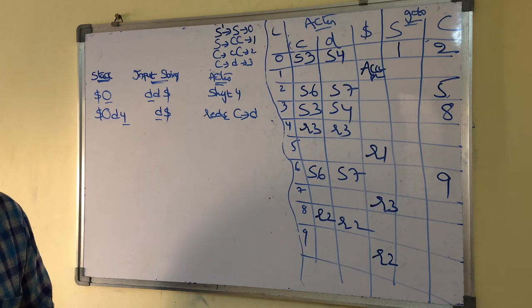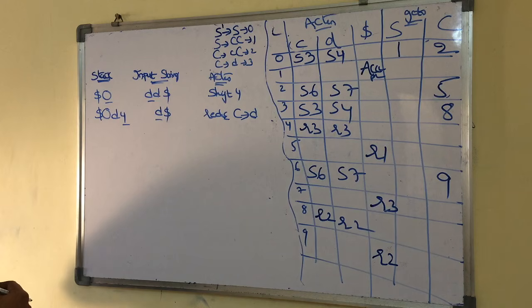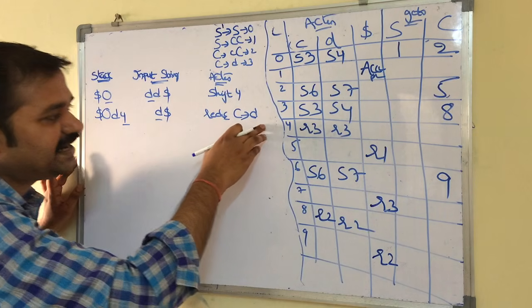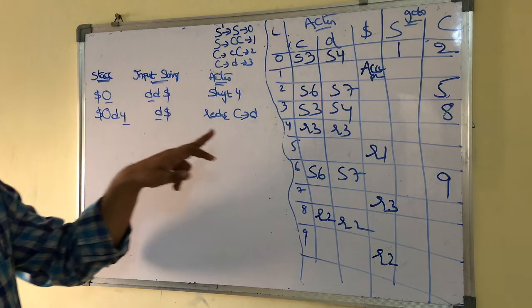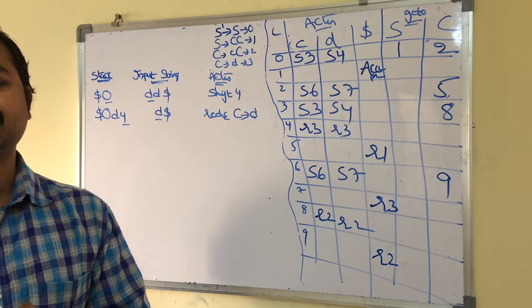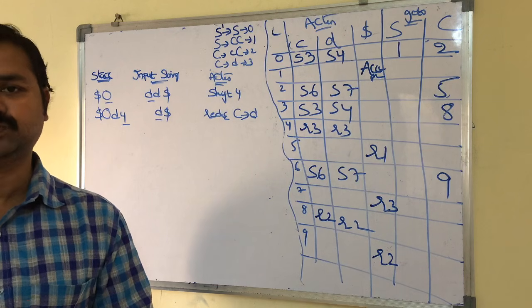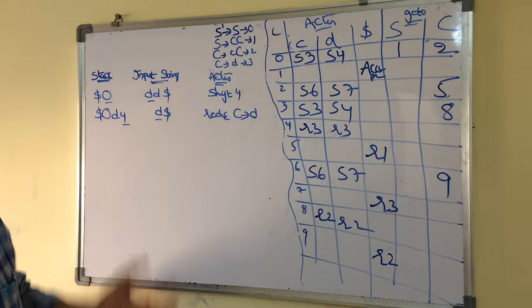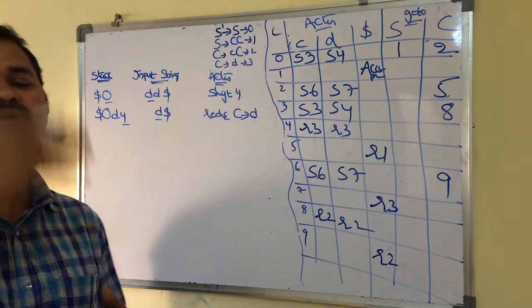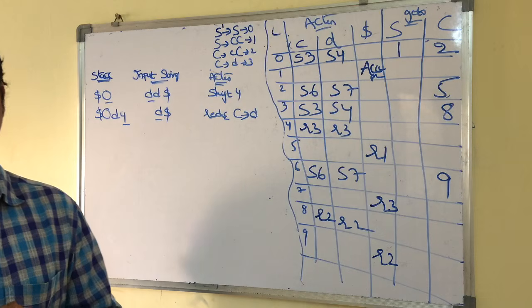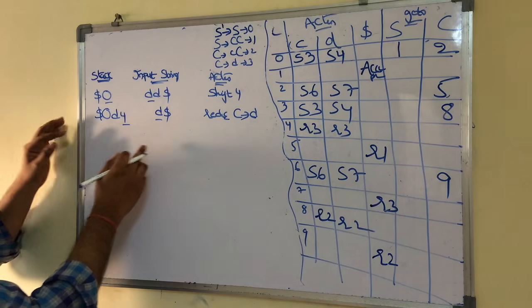Likewise, while popping we need to pop two symbols if the production's right hand side contains only one symbol. Whereas if the right hand side contains two symbols, then we have to pop 2 into 2, that is 4 symbols from the stack. Here the parsing of the input string is similar to SLR input string parsing. Both are the same, there is no difference.